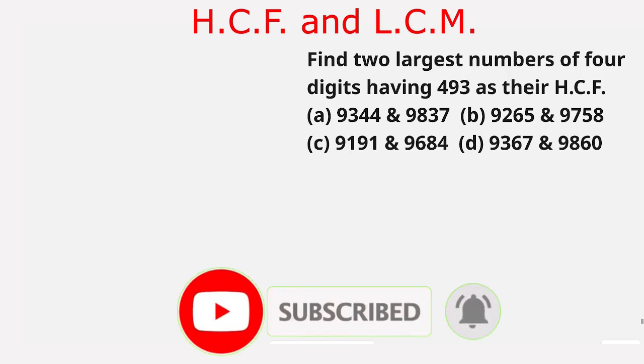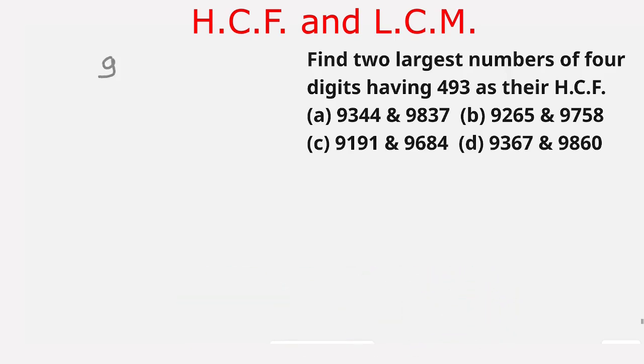The largest number of 4 digits is 9,999, and we will solve this question by shortcut method. 493 is very close to 500, and 500 times 20 is 10,000, which is one more than 9,999.